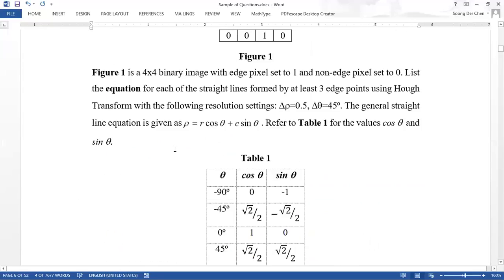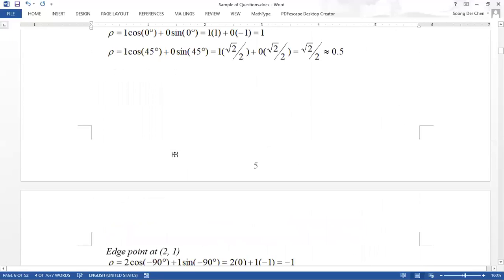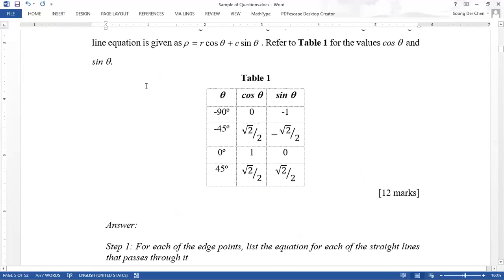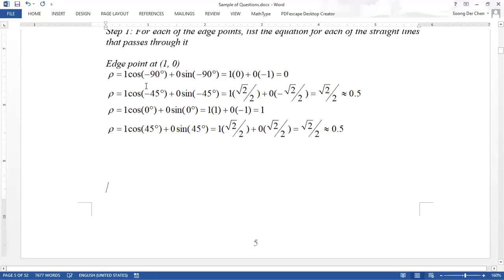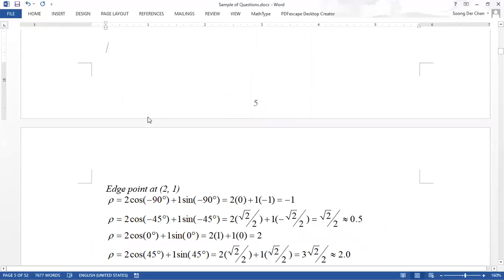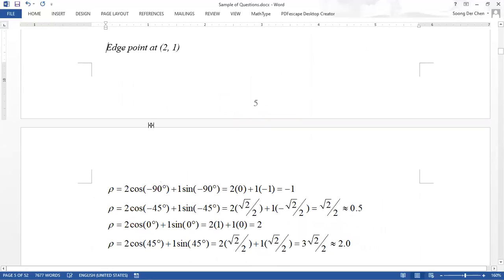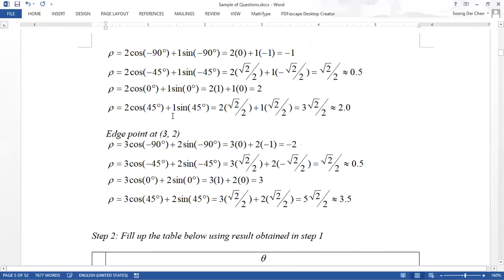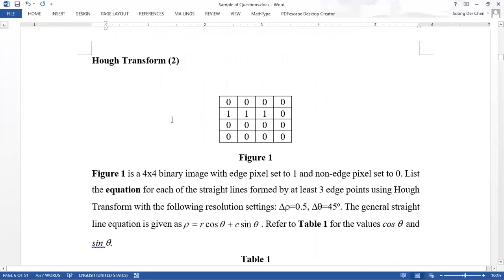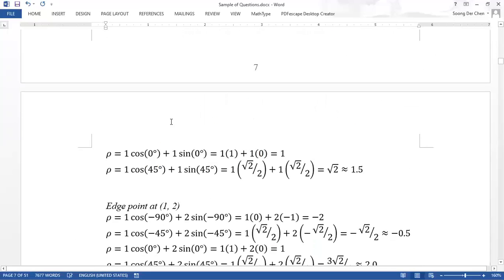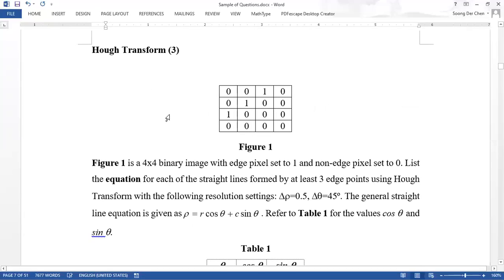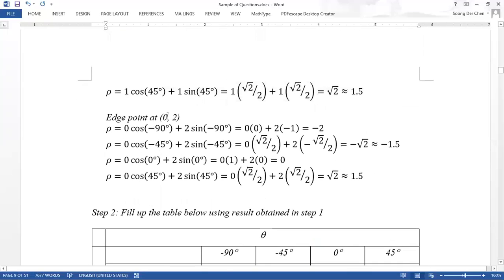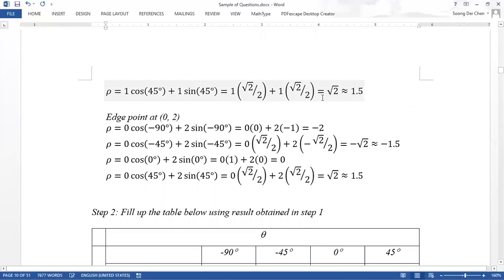So far so good. Right, so this is number 2. Number 3 also the same. So we have 3 examples here. So please have a look. Again, I must emphasize you don't really need a calculator for this.